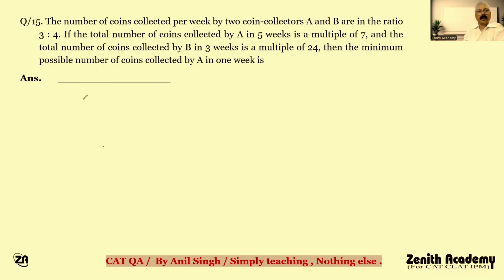So here, every week, A and B collect the coins in ratio 3 is to 4. Means in 1 week, if A collects 3K coins, then B will collect 4K coins every week.